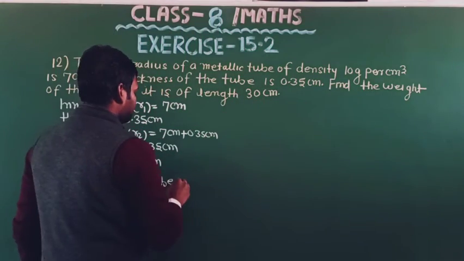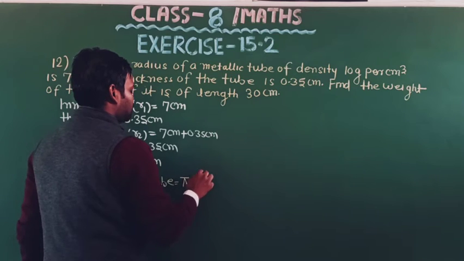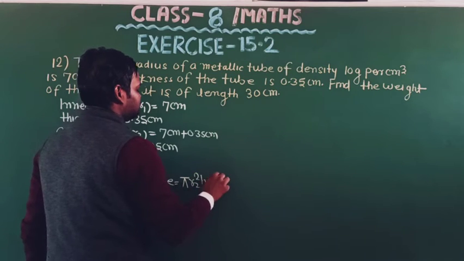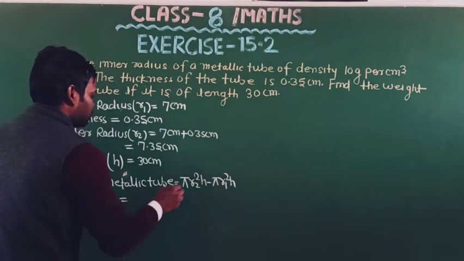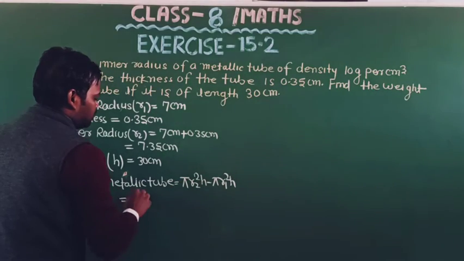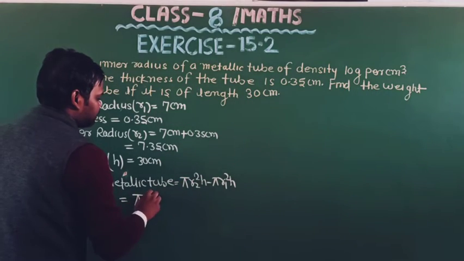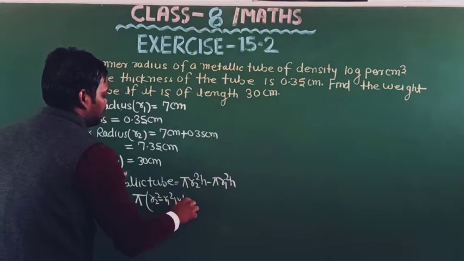So this means pi R2 square h minus pi R1 square h. Here pi and h are common, so this expression becomes pi times R2 square minus R1 square, into h.